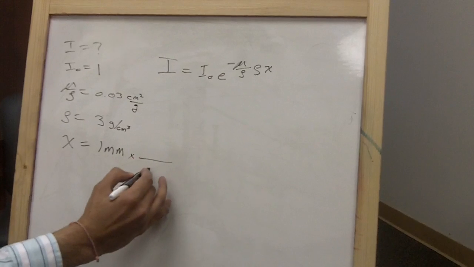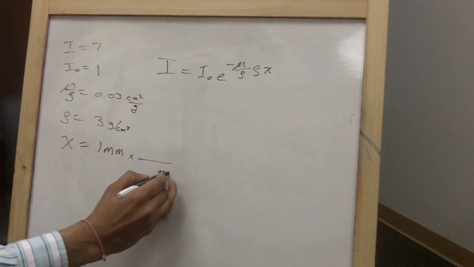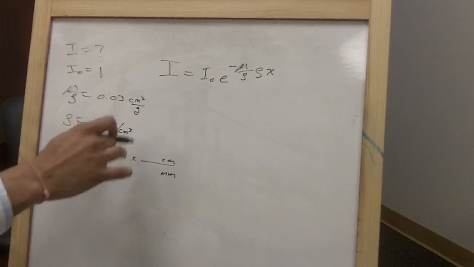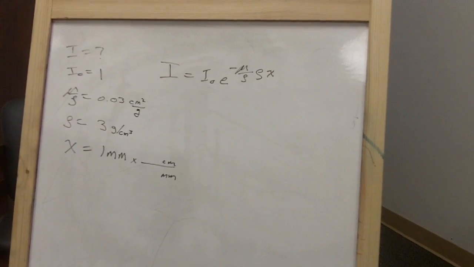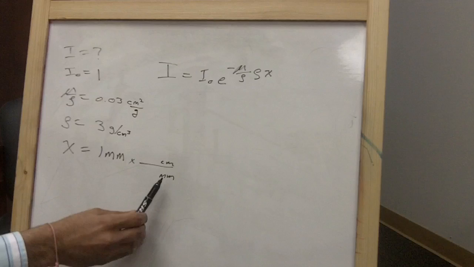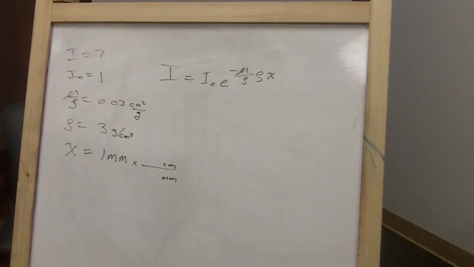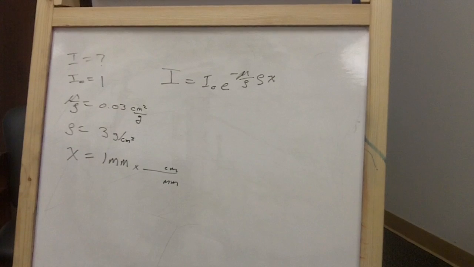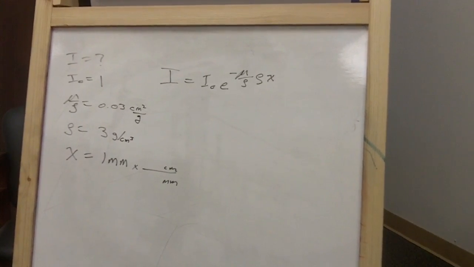So 0.01 centimeter. So we'll say we want millimeters in the bottom, centimeters in the top, right? Mm-hmm. And what's going to be our little ratio here? You can say how many of these are in one of these, or how many of these are in one of these. Which way do you want to look at it? How many of these are in one of these? Yeah, that's the right answer, but which one are we talking about?